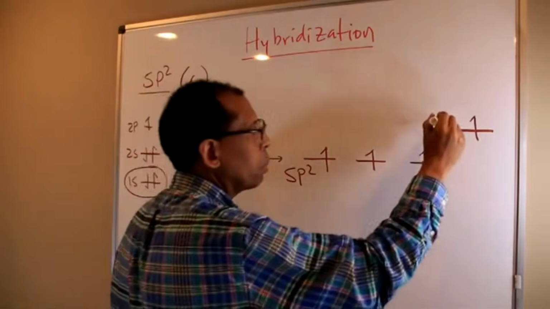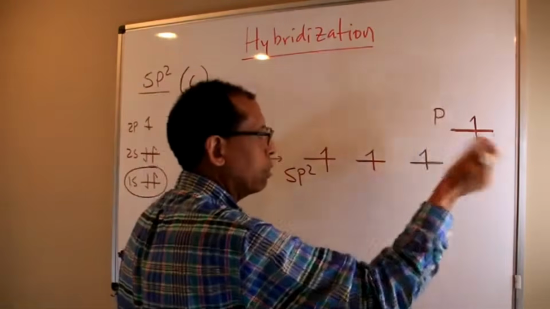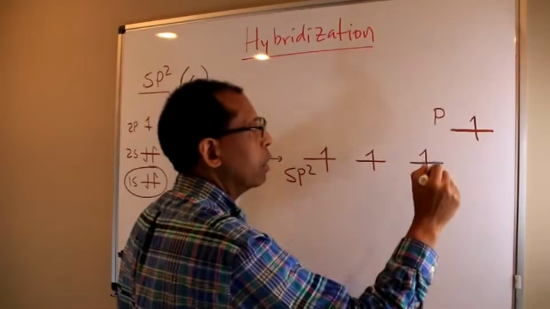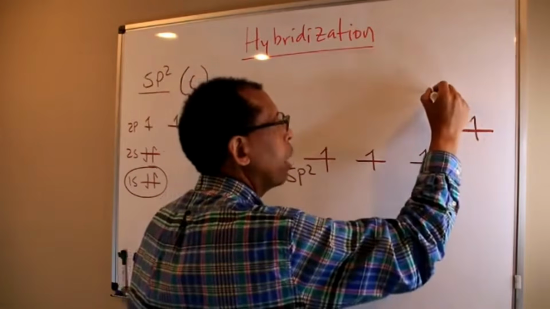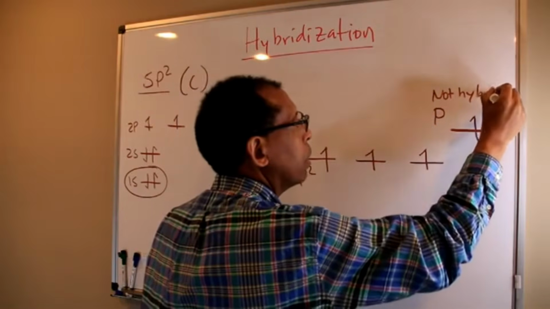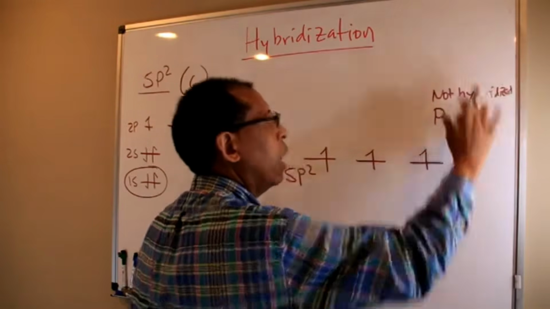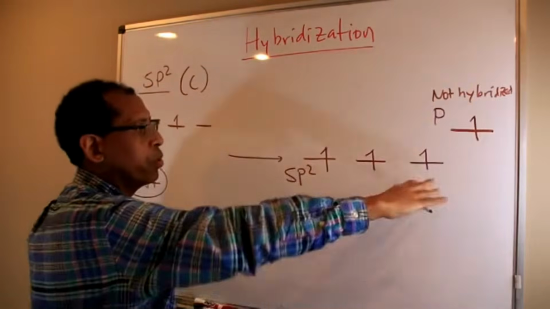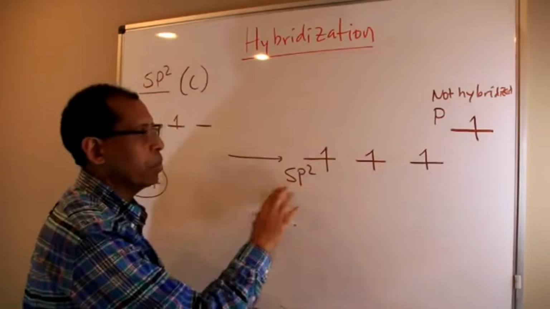So this p orbital, one of the p orbitals, is not hybridized. That's why it's at higher energy than the 3 others. These are hybrid orbitals.